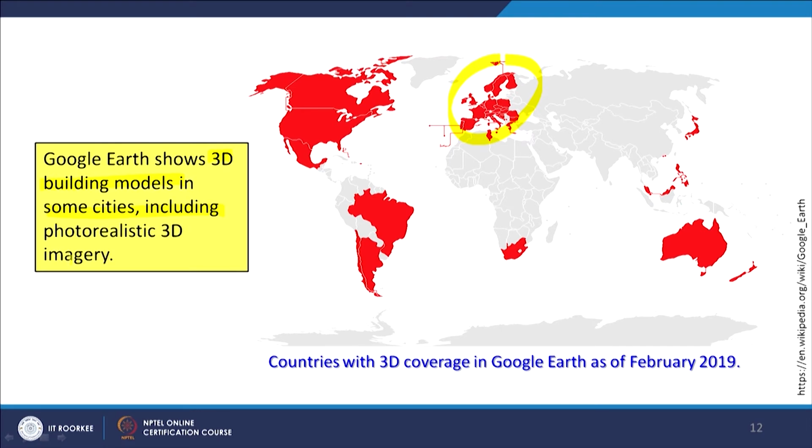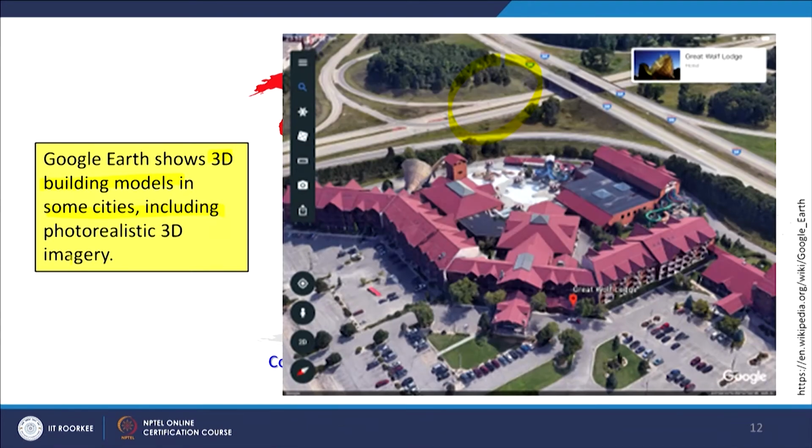When you zoom to that level, you start seeing a 3D perspective, and not only a 3D perspective but 3D coverage of the buildings of those areas. Unfortunately, for parts of China, India and the Gulf countries we do not have such 3D building models yet, but I am sure we might have them very soon.